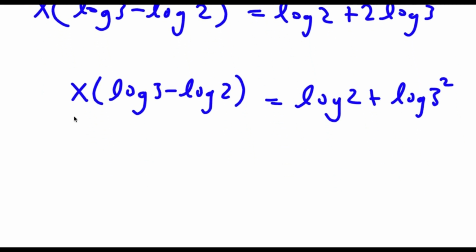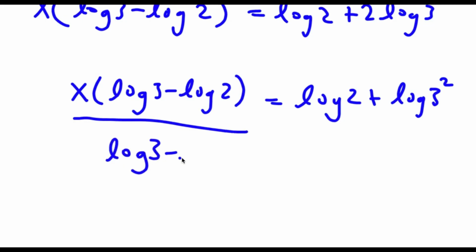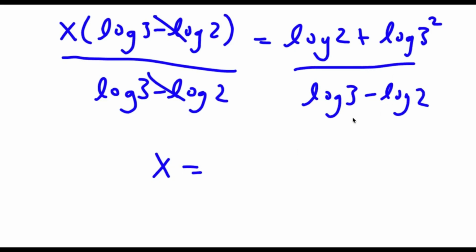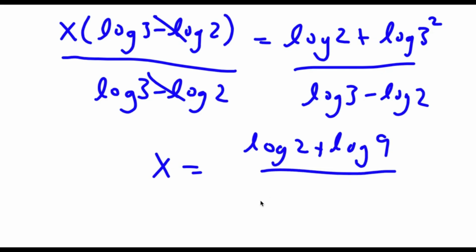Now if I divide both sides by log 3 minus log 2, these two cancel out, and I'm left with log 2 plus log 9, 3 squared is 9, over log 3 minus log 2.